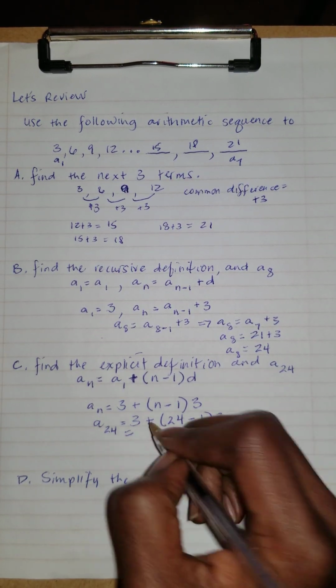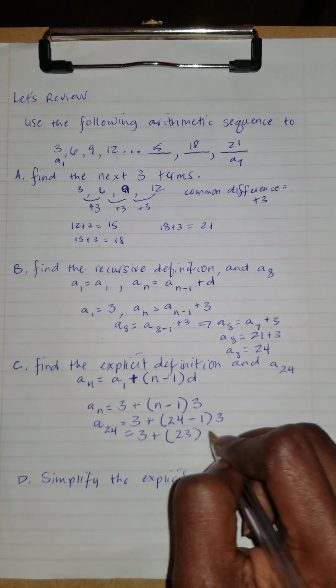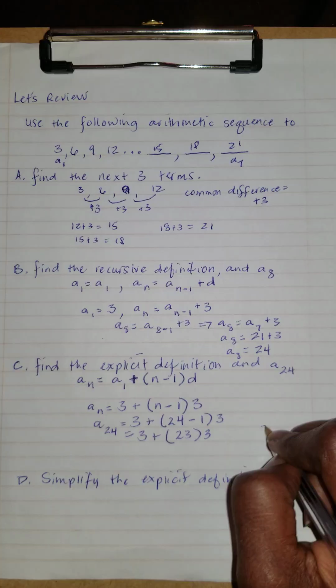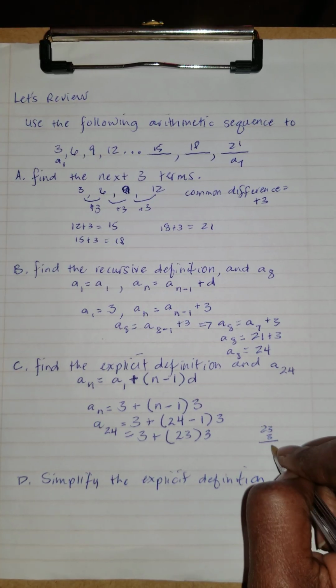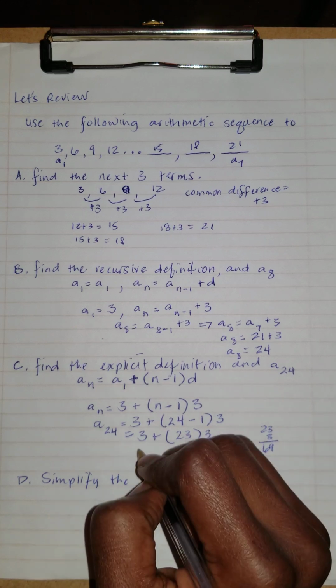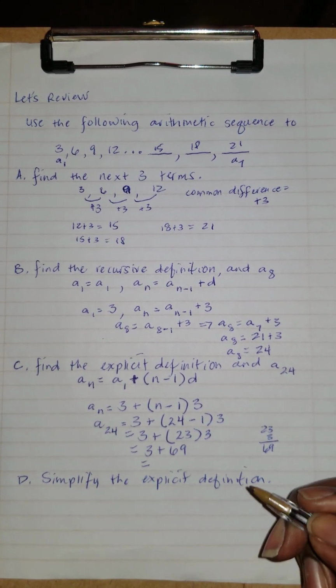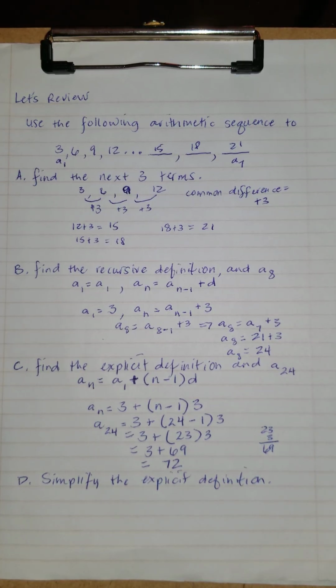Now let's do some math. So 3 plus 24 minus 1 is 23 times 3. If you have a calculator, you can use a calculator. 3 times 3 is 9. 3 times 2 is 6. That's 69. So 3 plus 69 gives us 72. 69, 70, 71, 72. Very good.